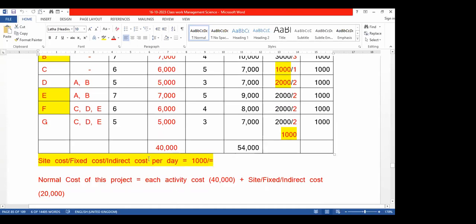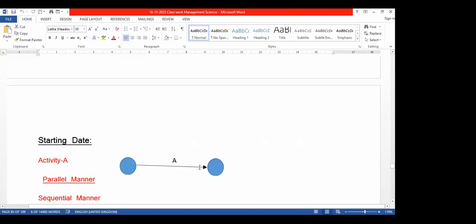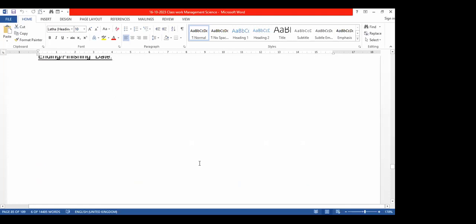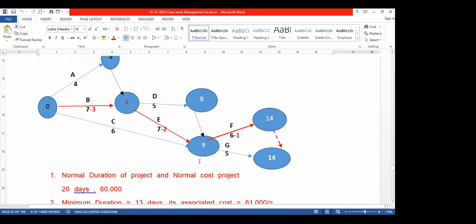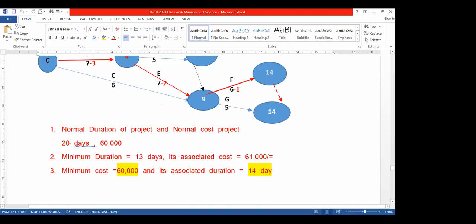Therefore, 20 has to be multiplied by 1000, that is 20,000. 20,000 plus 40,000 becomes 60,000. Here, direct cost 40,000 plus indirect cost 20,000.